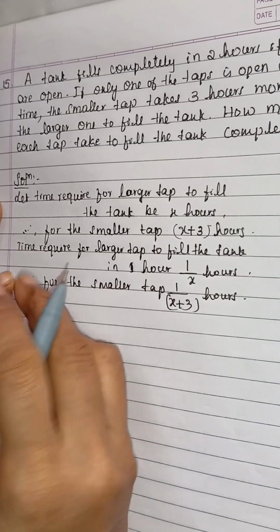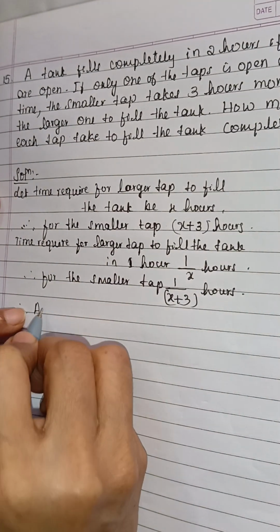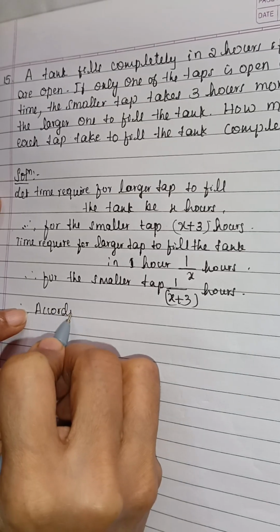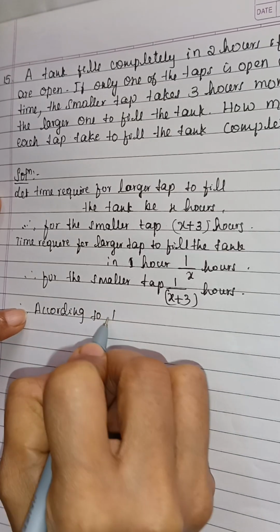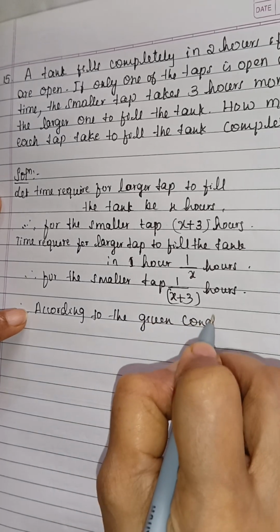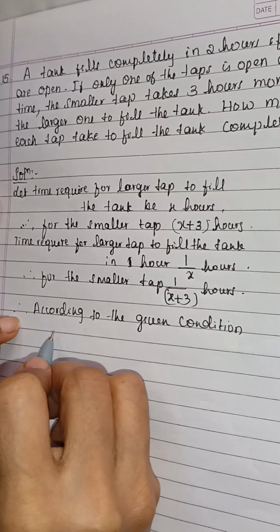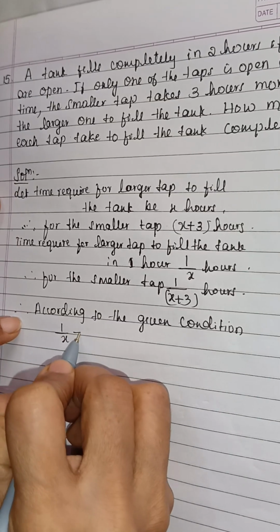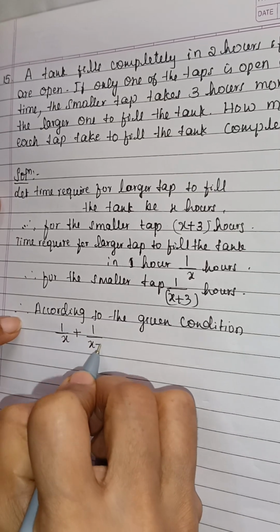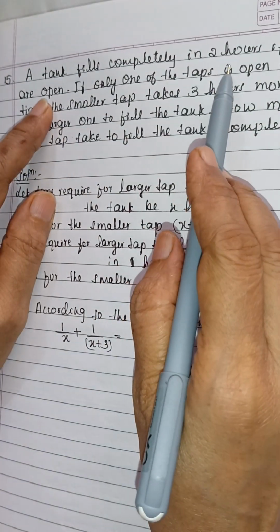Therefore, according to the given condition, 1 by x plus 1 by x plus 3 equals how much?